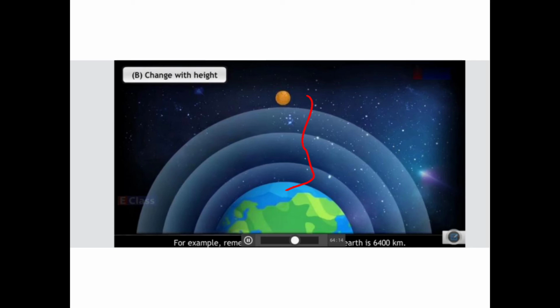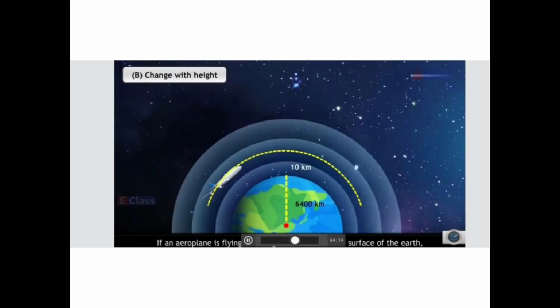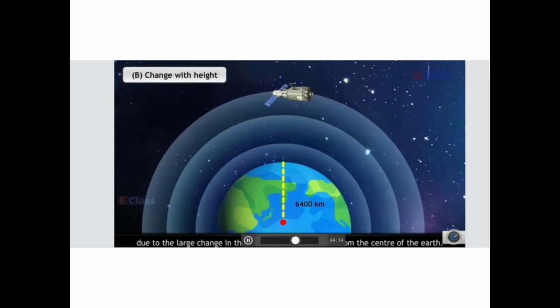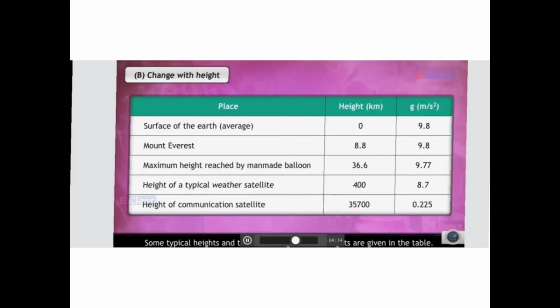So just for your reference, there are some values of g given at different distances. Let us see that. So for aeroplane we have seen that it is negligible, but for satellite it is very much important.